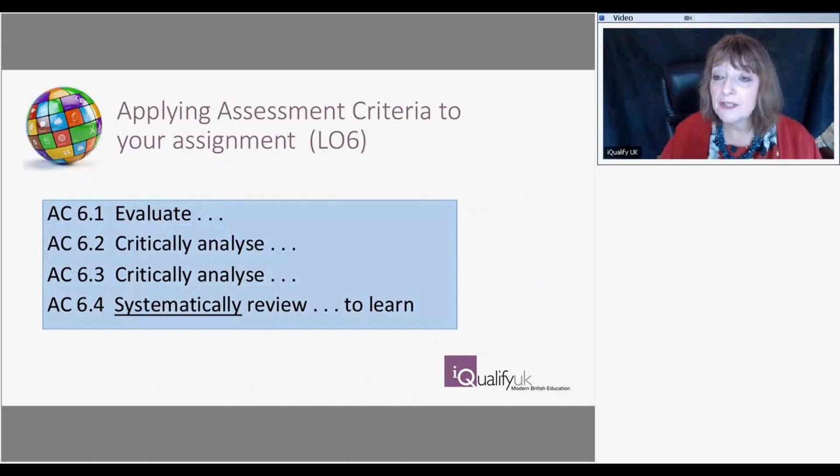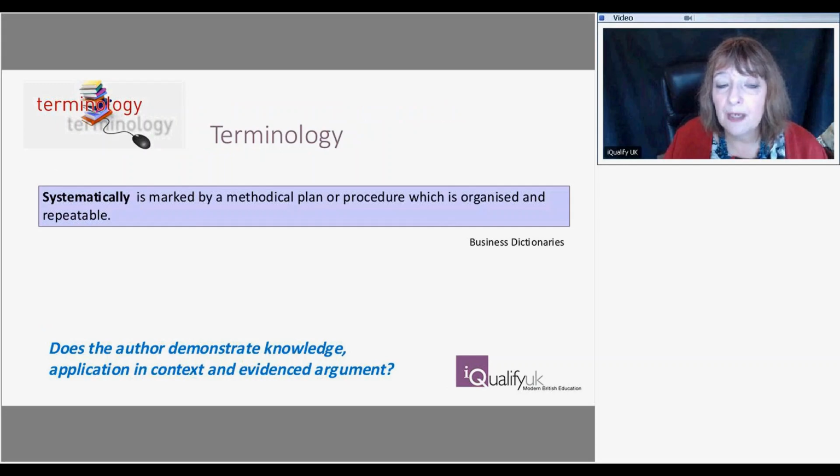So we now come to the final learning outcome 6. And the new word that we have come across is systematically. I'm not saying it's new, but within the context of this. The other 6.1, 2 and 3 are all familiar with what we've had before. So systematically is marked by a methodical plan or procedure which is organised and repeatable.